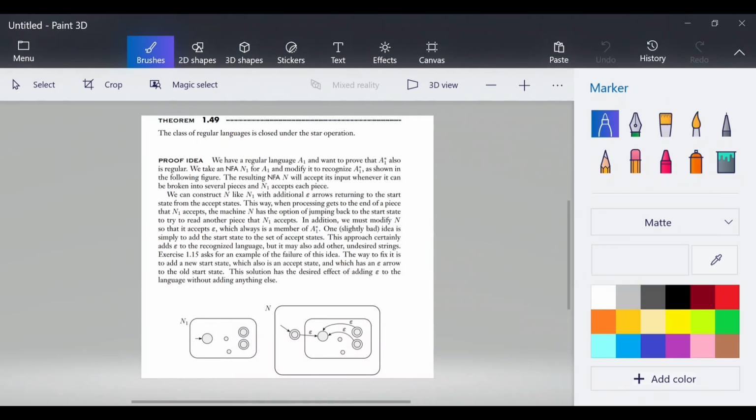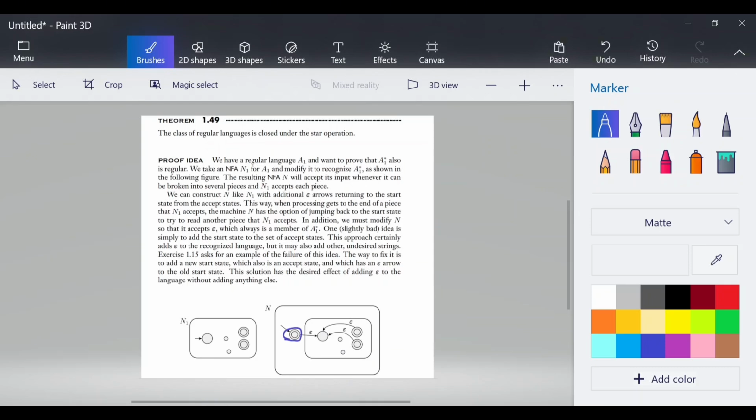The proof idea is that we have a regular language A1, and we want to prove that A1 star is also regular. We construct an NFA for language A1, and all we have to do is define some new epsilon arrows from our acceptable states in N1 to the start state of N1. Before that, we define a new starter state, as you can see here, and this one is also an acceptable state.